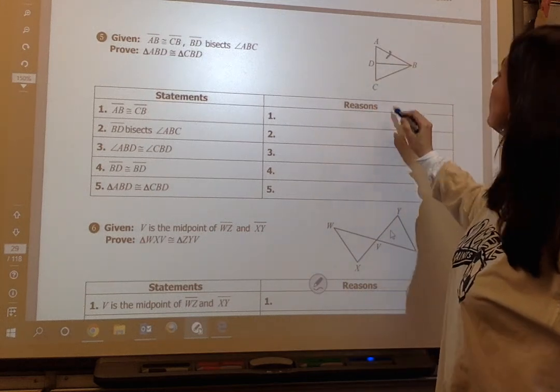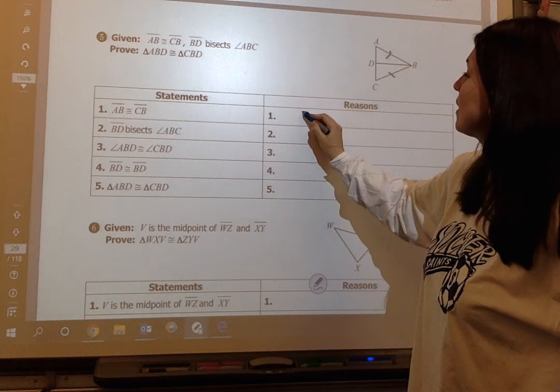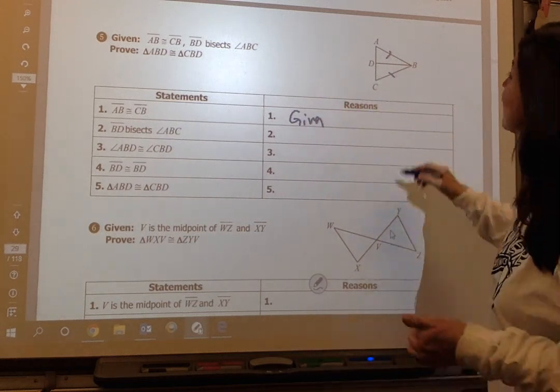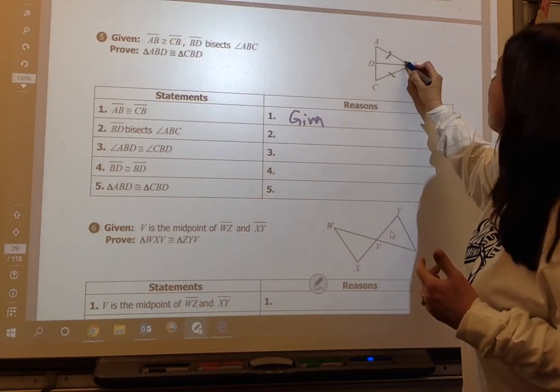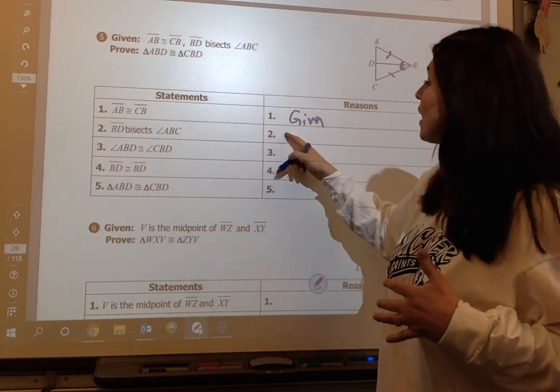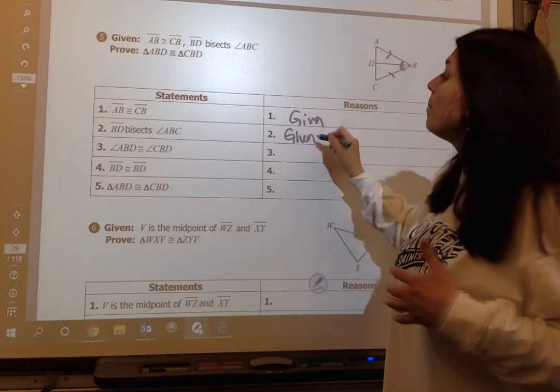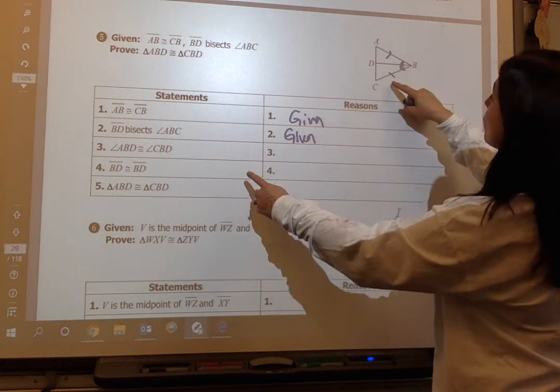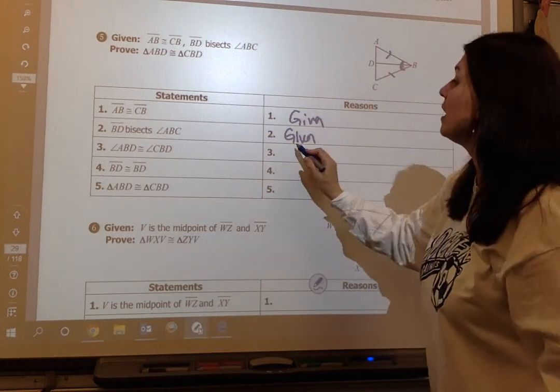AB is congruent to CB. That is given. BD bisects angle ABC, meaning I can make these triangles congruent. But first, I need to say that it was given. Because it bisects, it allows me to say angle ABD is congruent to angle CBD.